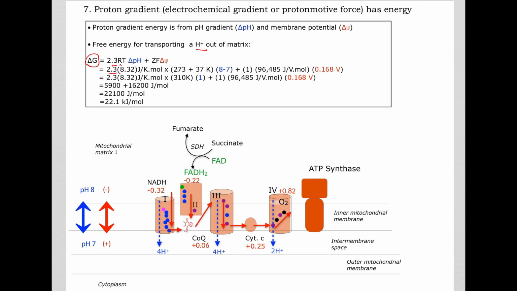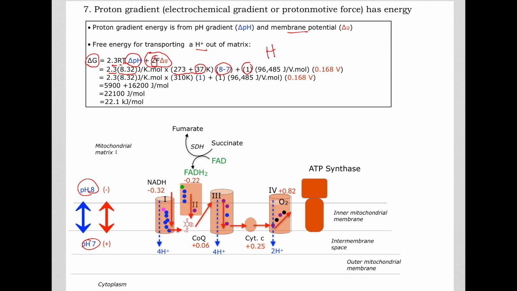2.3, R is 8.32, temperature is 273 plus 37, body temperature is 37. The difference in pH, 8 minus 7, plus this part here that's due to the membrane potential. Z is the charge. The charge for a proton is 1.